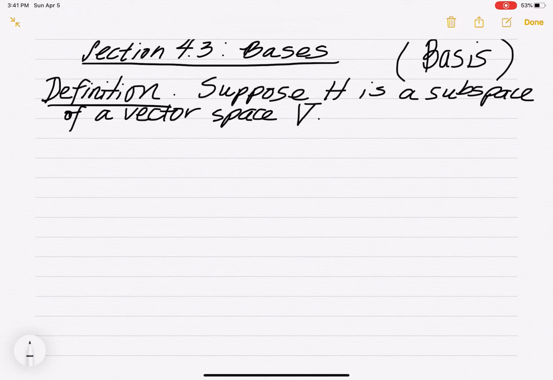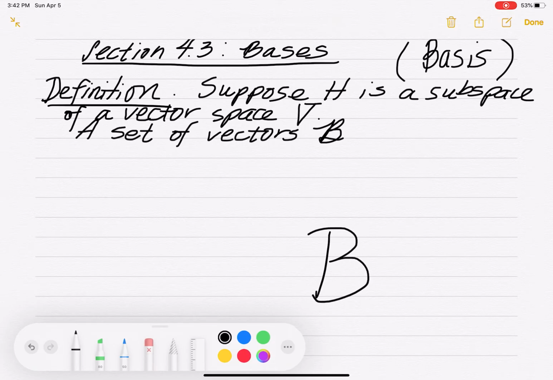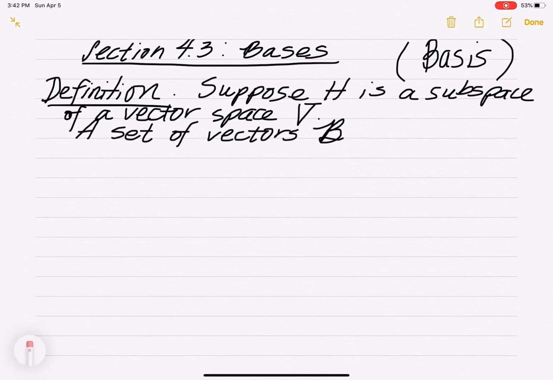So your vector space could be like Rm or Rn. We want to define what is a basis. A set of vectors. We're going to use capital B for the set. It's a kind of script B, not just your ordinary B. That's the way you're supposed to write a basis.